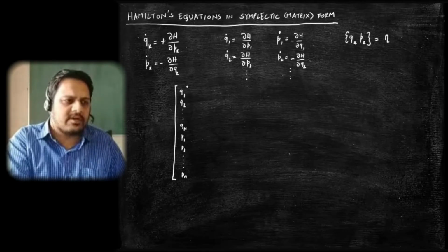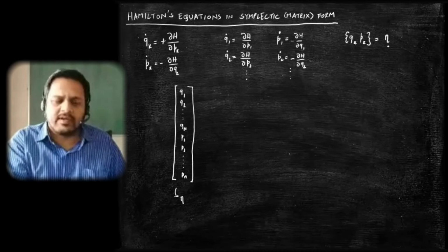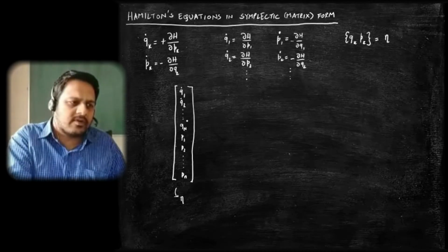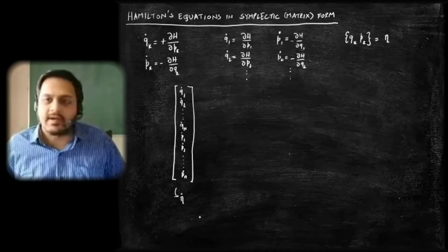This will be the list of objects which I call eta collectively. Of course, therefore, if I have q1 dot, q2 dot up to qn dot, similarly p1 dot, p2 dot up to pn dot, then I can represent this as eta dot.